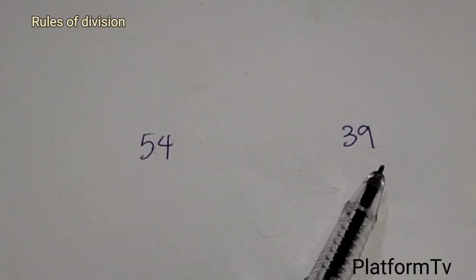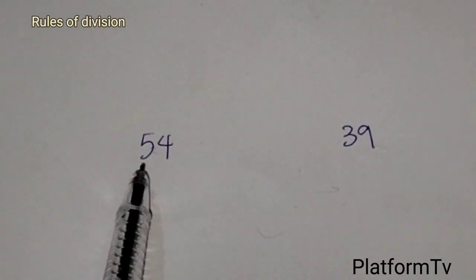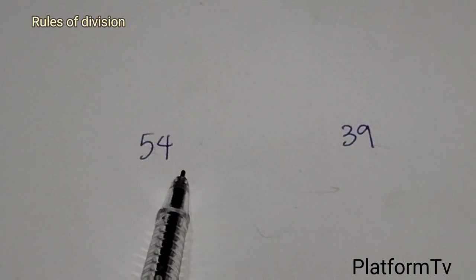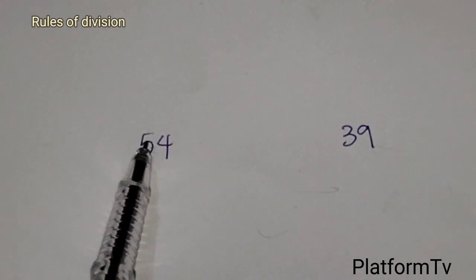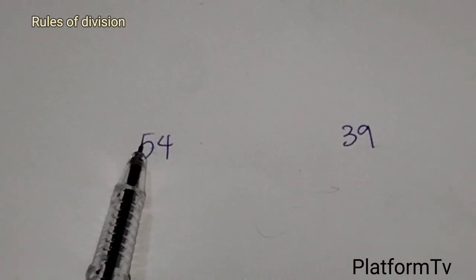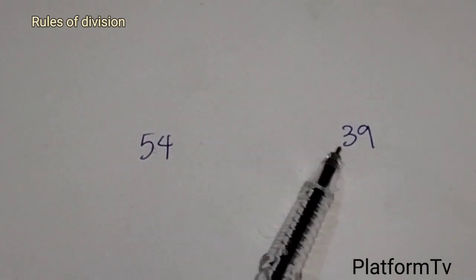We'll go back to the previous example where we have 54 and 39. These are the two digits that make up 54, and these are the two digits that make up 39. Now, the rule says that if the sum of the digits is a multiple of 3, it means that 3 can divide it.